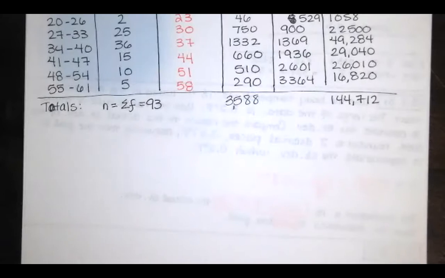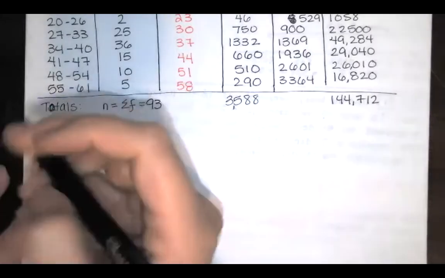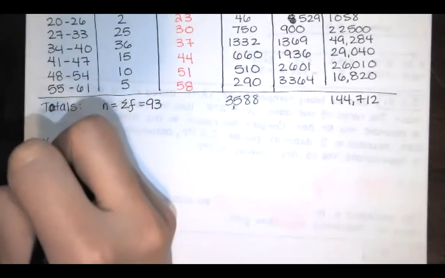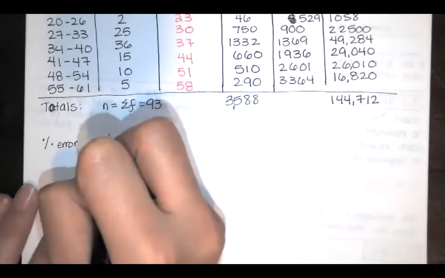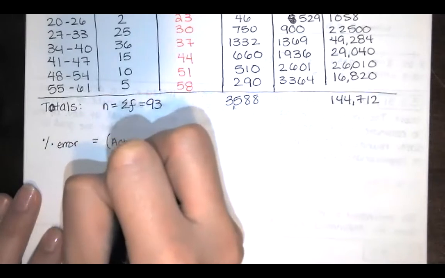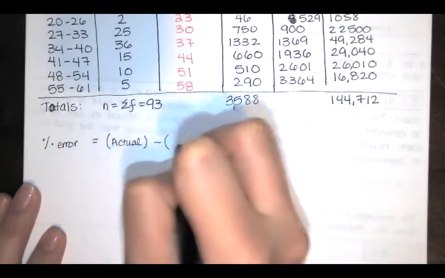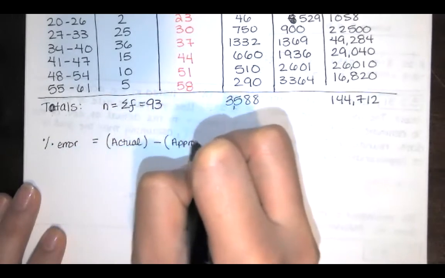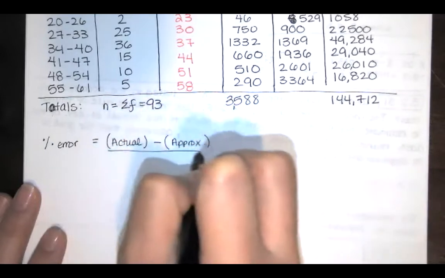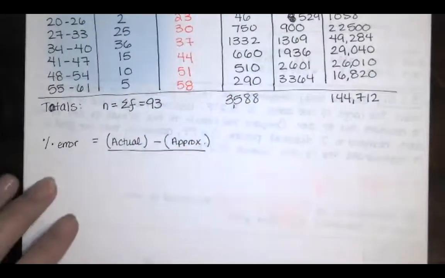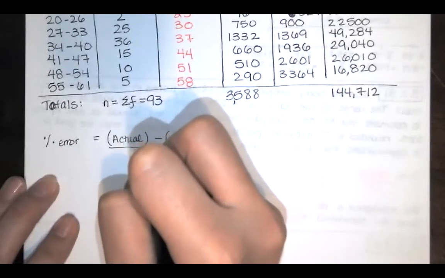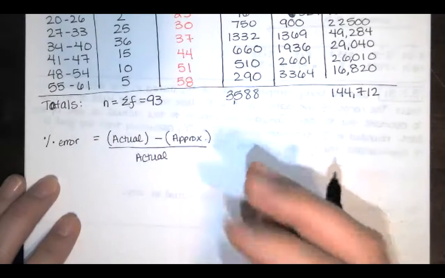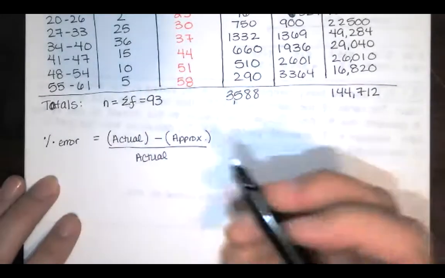So I'm going to share my paper with you again, and remind you of how percent error works. Whenever you're calculating the percent error of something, you want the actual quantity minus the approximate quantity, the quantity that you're comparing it to. And so that's going to give you an error. You want to compare that to the actual quantity. You're thinking of that as your baseline, and that's going to give you a proportion.